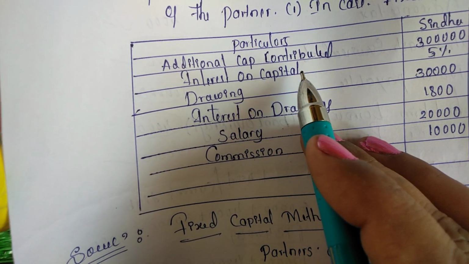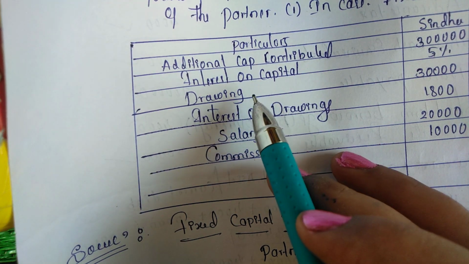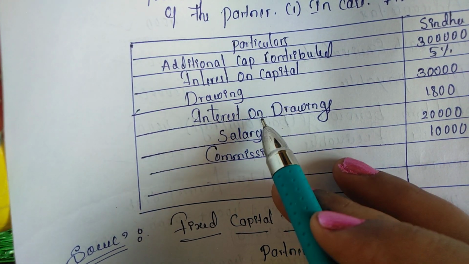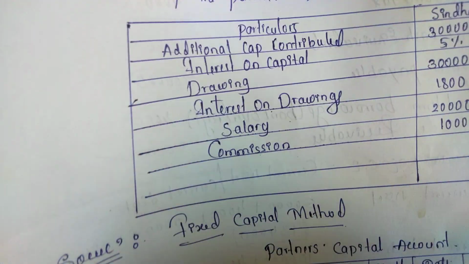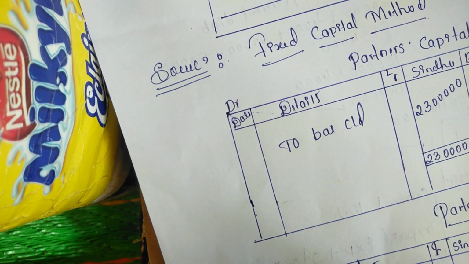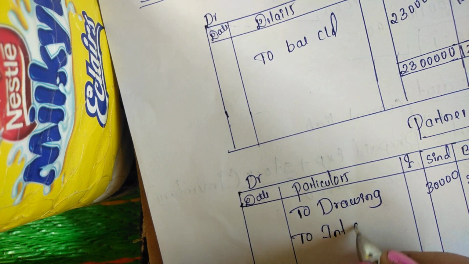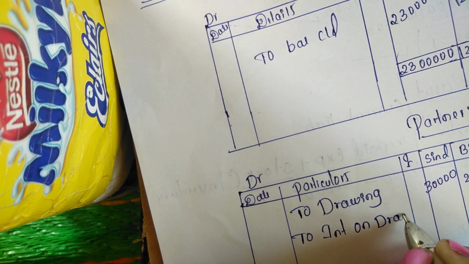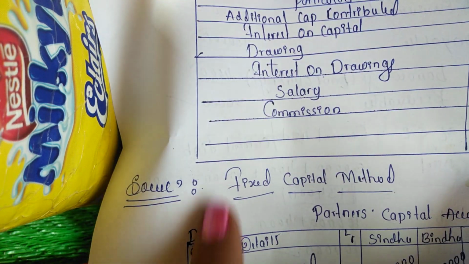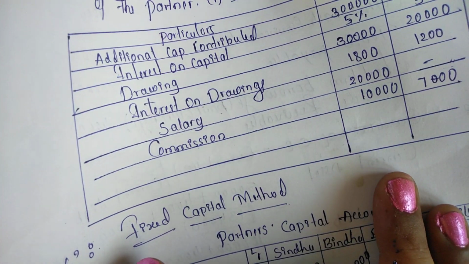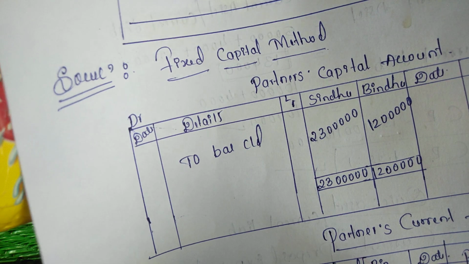Here the interest on capital is on the credit side, the drawings are on the debit side, and interest on drawings is also on the debit side. To interest on drawings, the amount should be given here. The amounts are 1800 and 1200.